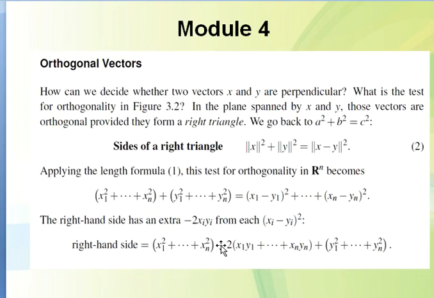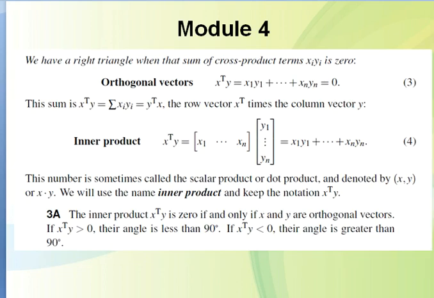So if these terms get cancelled, it is x square plus y square terms. So RHS is equal to LHS. So those would be normal to each other. So this is called the inner product.